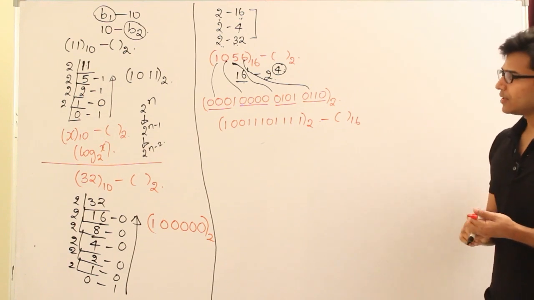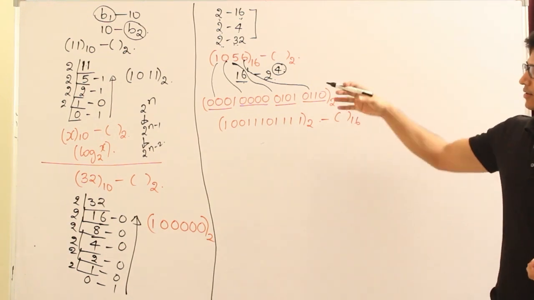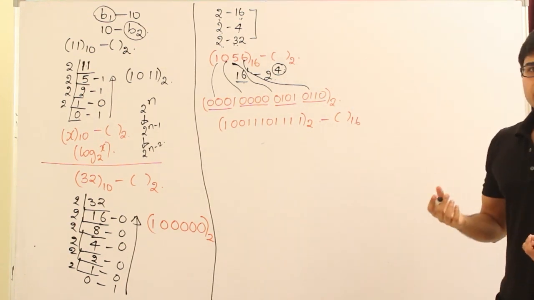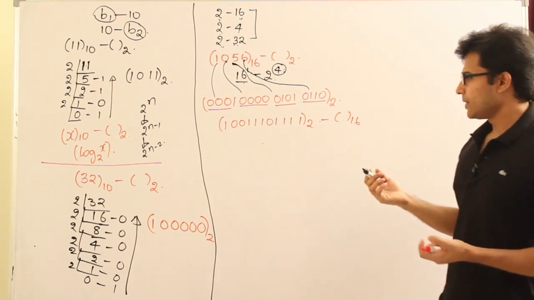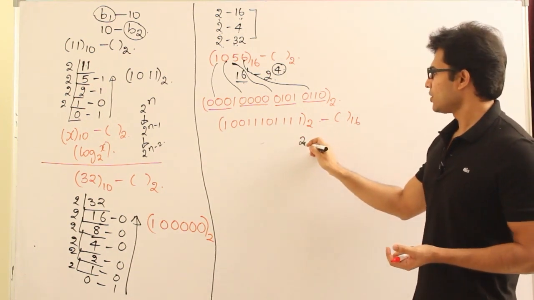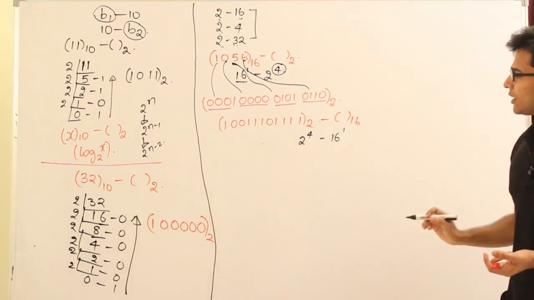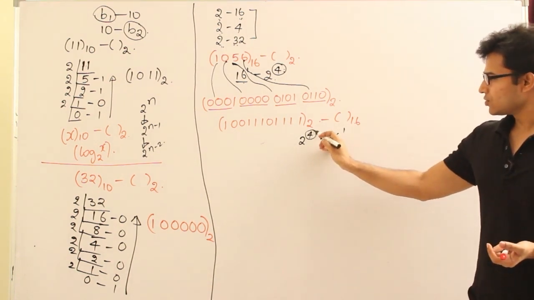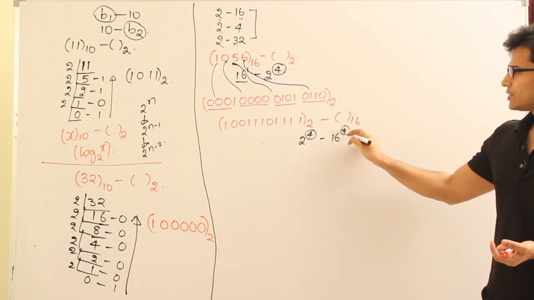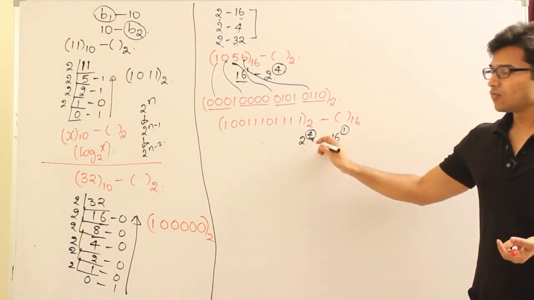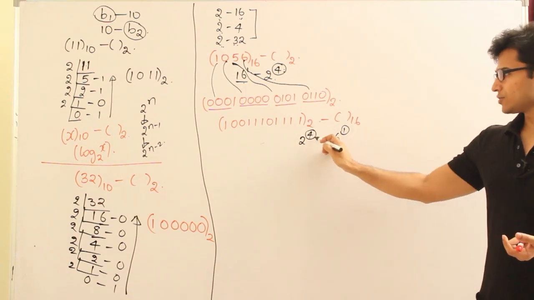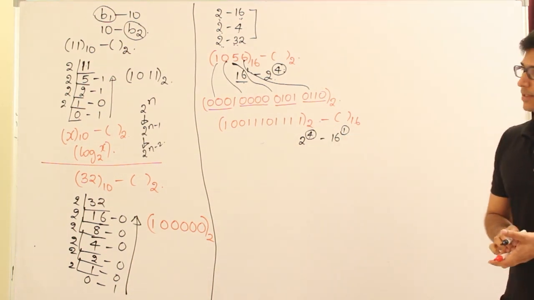Here you should be a bit careful. Earlier you directly converted it, but here you should be careful. The method is the same. 2 power 4 is 16 power 1. So every 4 digits in base 2 have to be represented using 1 digit in base 16.